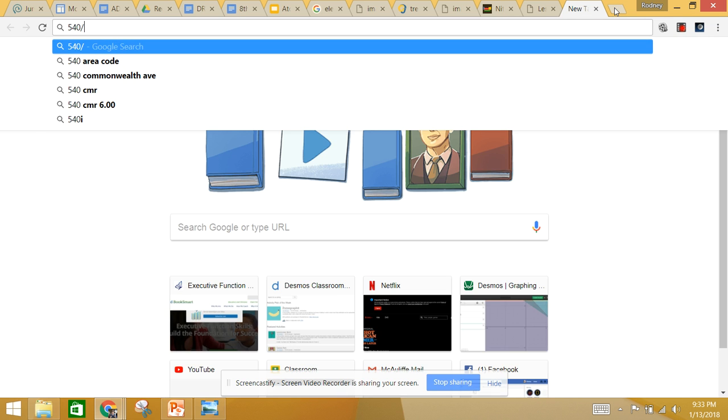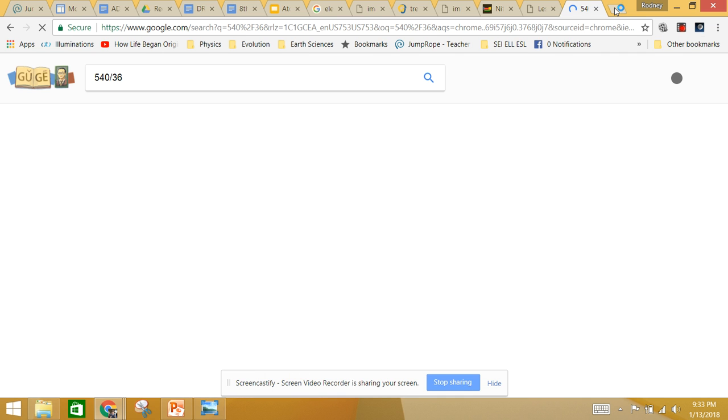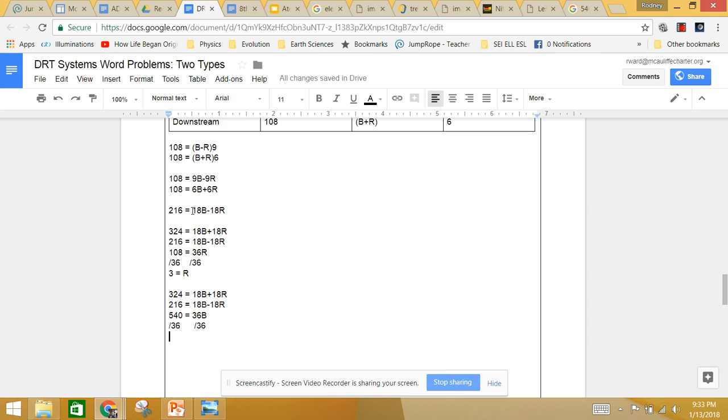So I'm going to check that out here. 540 divided by 36 is indeed 15. All right, so I'm going to go right back into our work here. And so 15 equals B. My boat speed is 15 miles per hour.